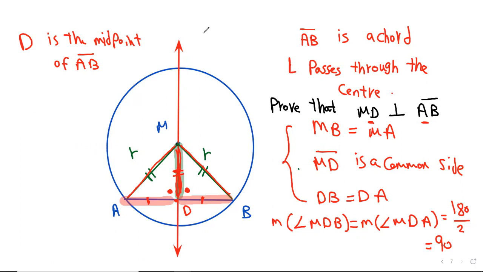Once again, what I said is that the straight line passing through the center of the circle and bisecting any chord will be perpendicular to this chord.